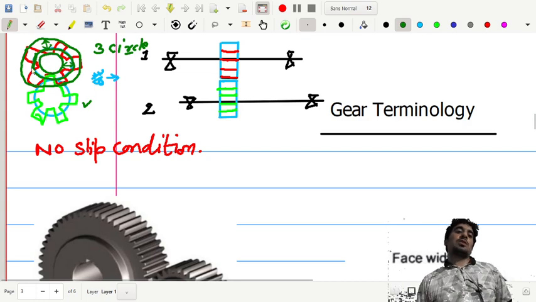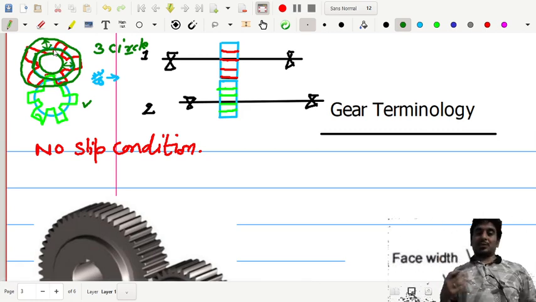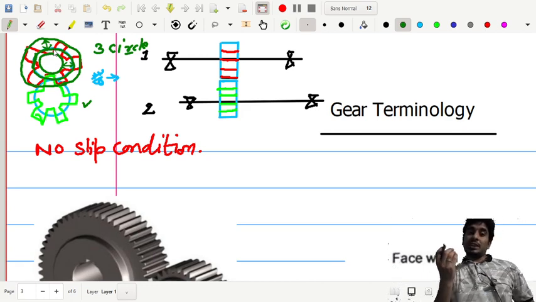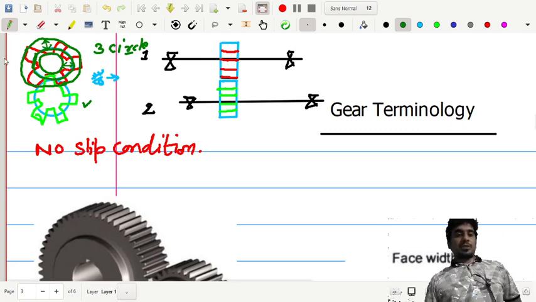So we measure all the dimensions of a particular gear with respect to this middle circle. Why? Because this circle represents the shape of the friction disc which we consider. The gear tooth profile was generated keeping in mind the diameter of that friction disc. So this is one of the most important parameters of a gear geometry.